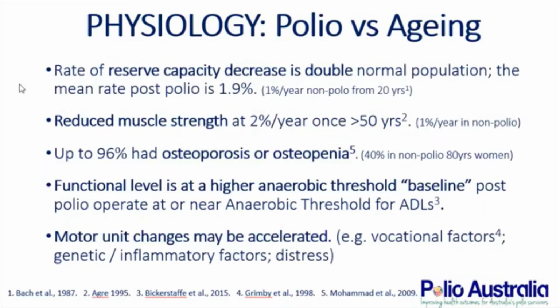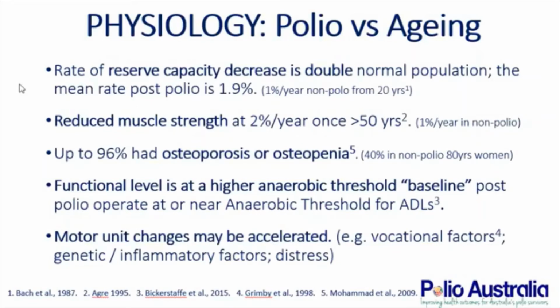The last one I'm going to point out here is the functional level is at a higher anaerobic threshold. So the baseline when functioning for polio survivors, doing their regular activities of daily living, the ADLs, can be actually close to anaerobic threshold.